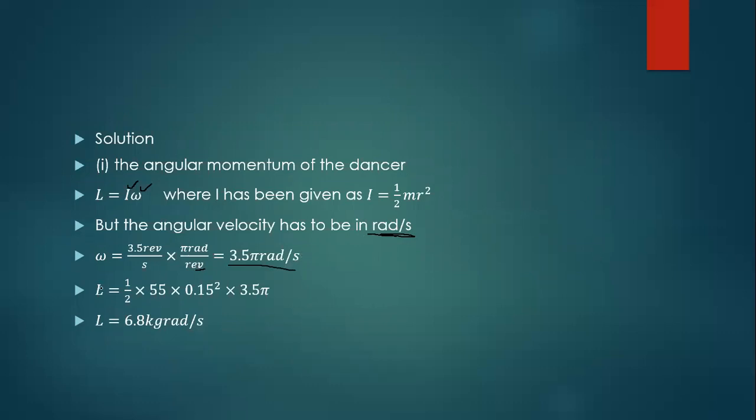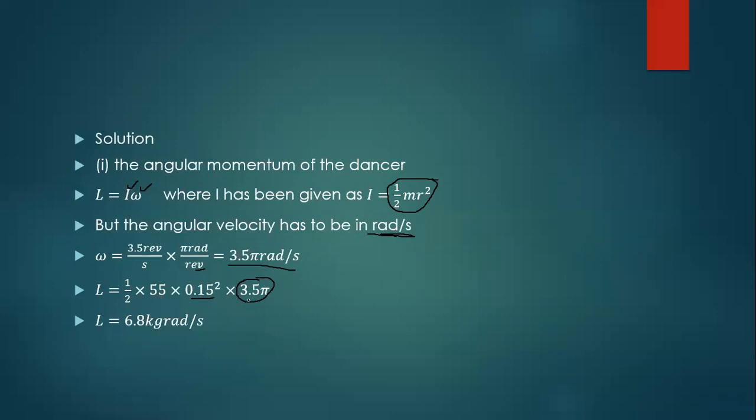So when we are computing the angular momentum, we'll have 1/2 multiplied by 55 multiplied by the radius squared, which is her moment of inertia. From there, we also multiply the angular velocity, which we found as 3.5 pi rads per second.